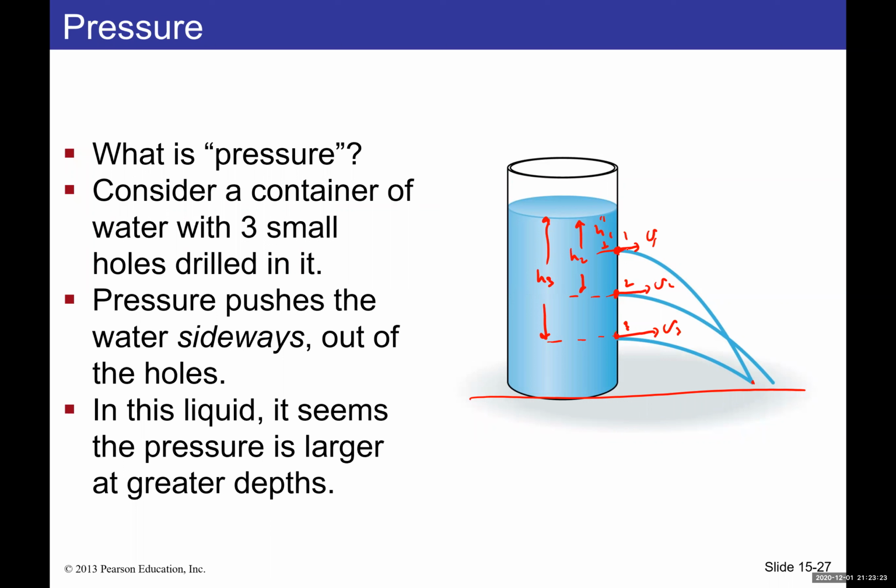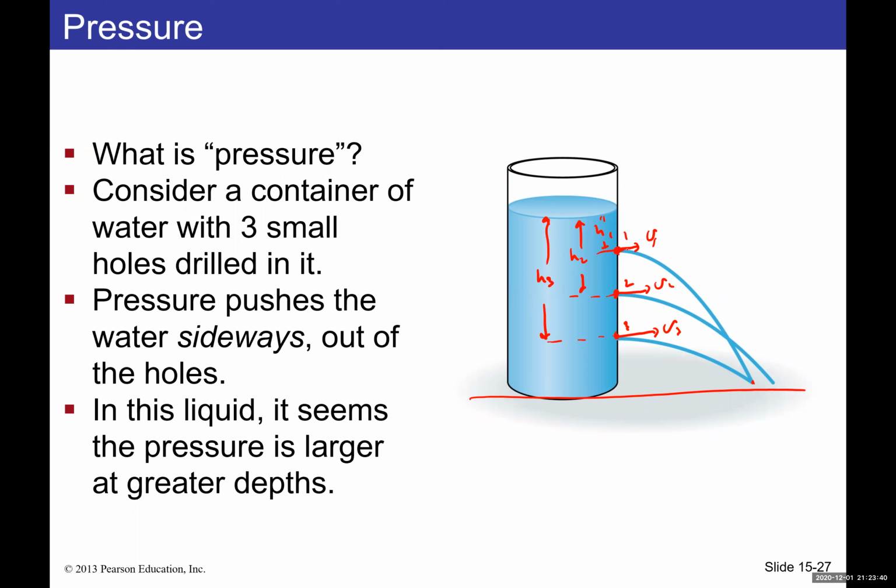From the shape you can also see that from hole three the molecules are coming out with much larger velocity, which means that if they collided with the wall instead of coming out, they would have collided with much greater force.